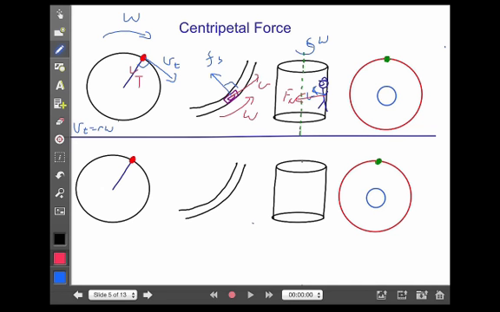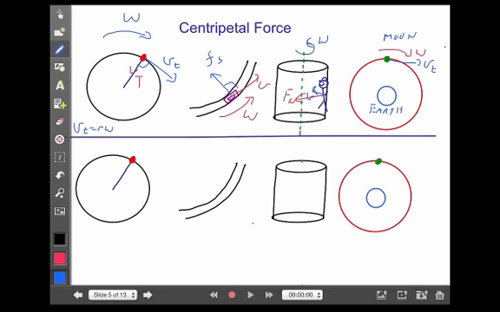Now, the last one, this is the idea of the Earth and our moon in orbit around us. Of course, the moon is in orbit, so it has an angular velocity, and of course it has a linear tangential velocity. So, what keeps the moon from flying away? Gravity.